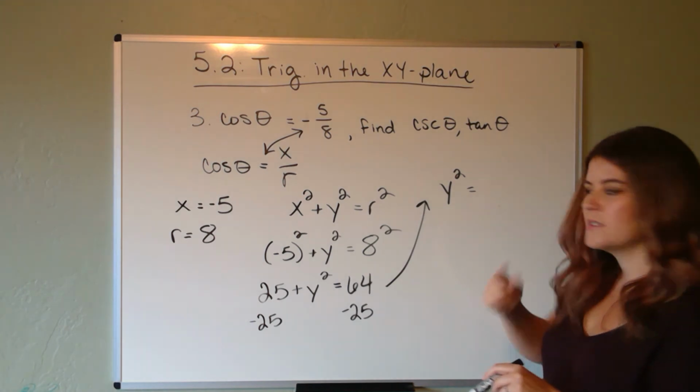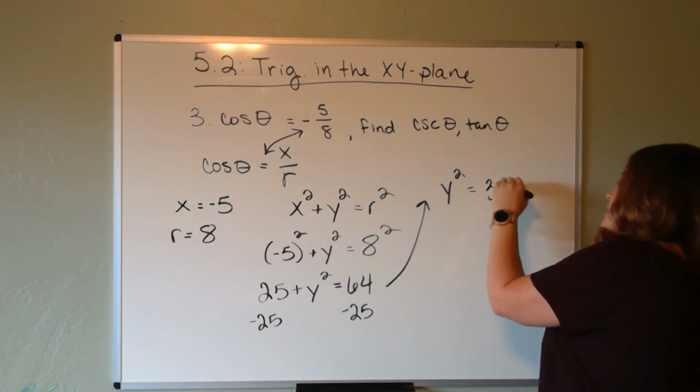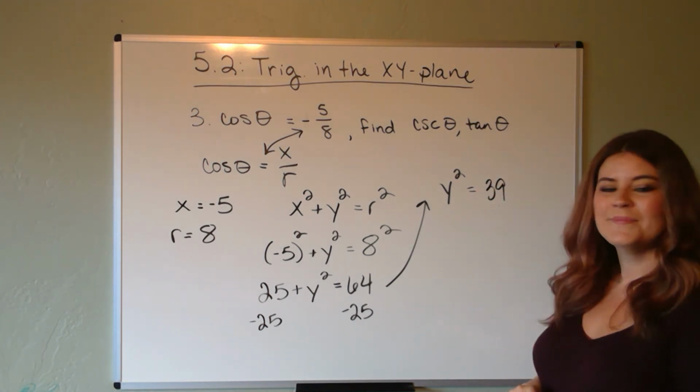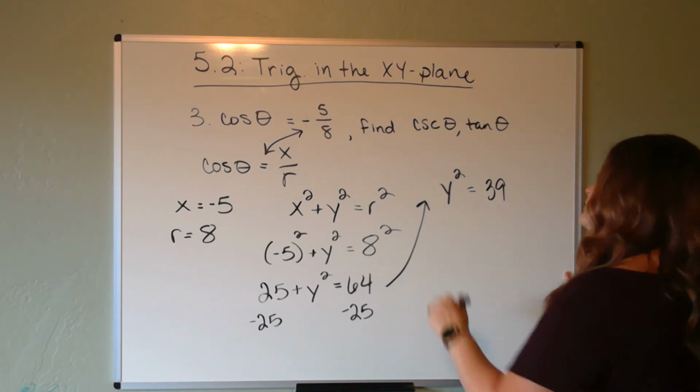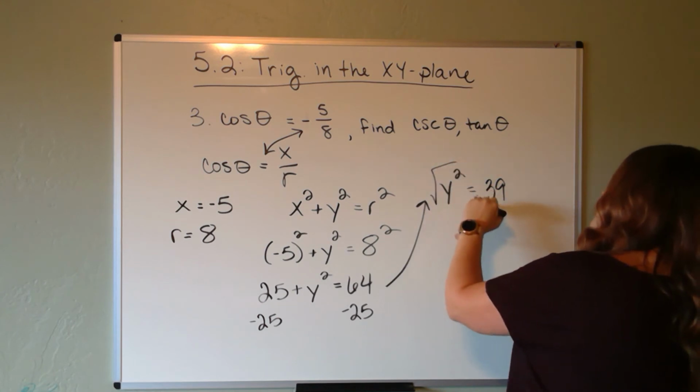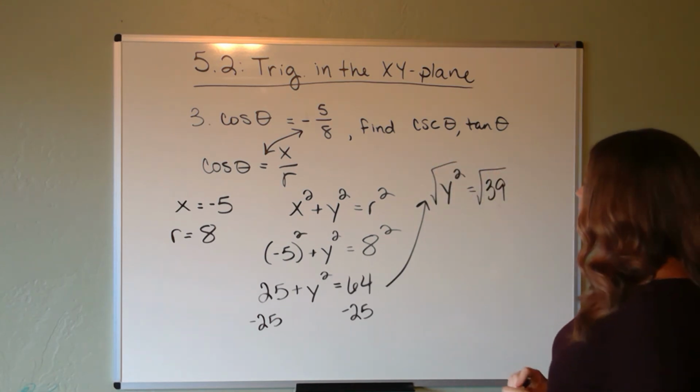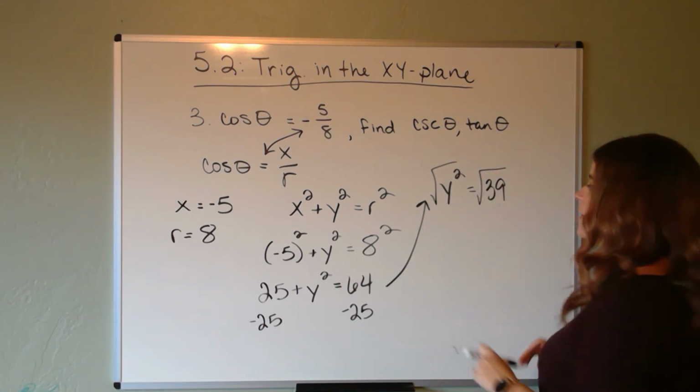Not great with the arithmetic in my head, guys. I think it's 39. That sounds about right. All right, so if y squared is 39, I have to take the square root of both sides to find y.